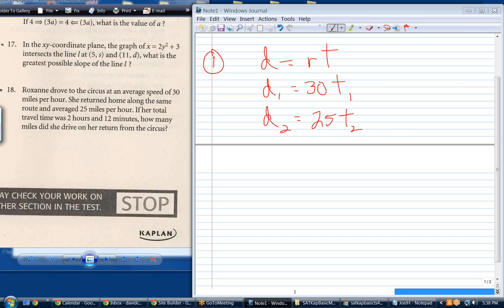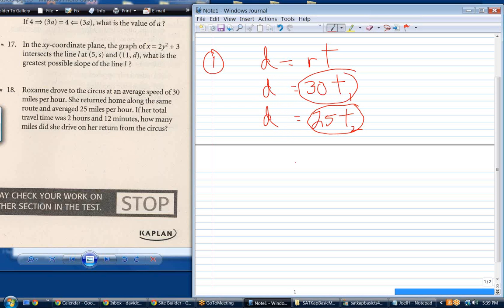However, we do know that this distance is the same as this distance. So I can set this equal to that because D1 is the same as D2. The distance that they're asking for is equal to that.